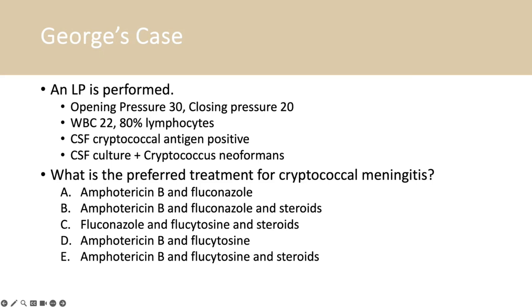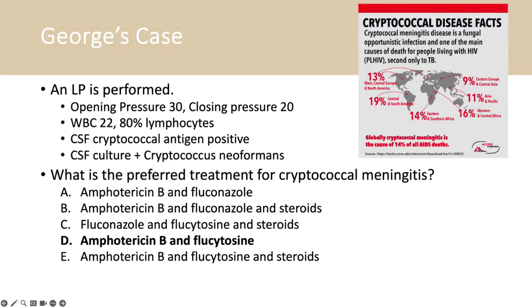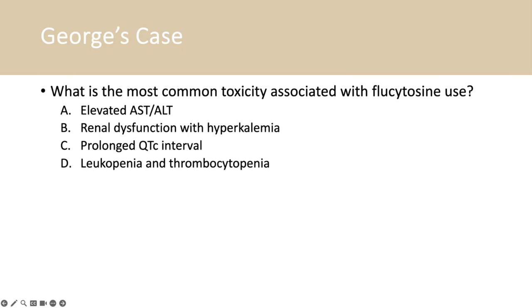Steroids or no? Okay, most of you are saying no. This is correct; this is the preferred treatment regimen. We're going to get to treatment regimens in just another second, but one quick question on flucytosine.